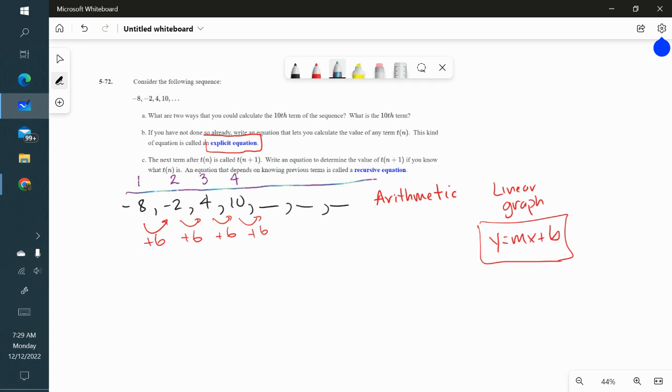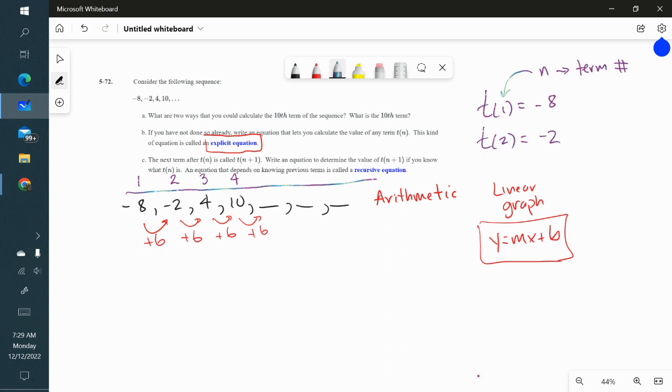You've already been dealing with a whole bunch of new notation. Term 1 equals -8. Term 2 equals -2. So the number that goes inside the parentheses is the n, which is the term number. And then t of n takes the place of y. That's the actual term. So n is the term number in this context.